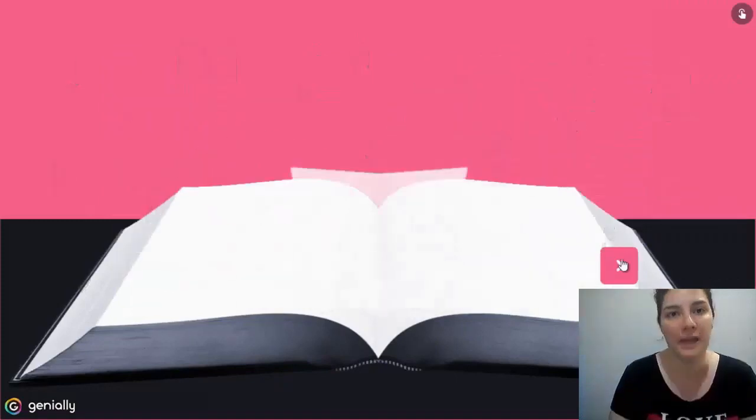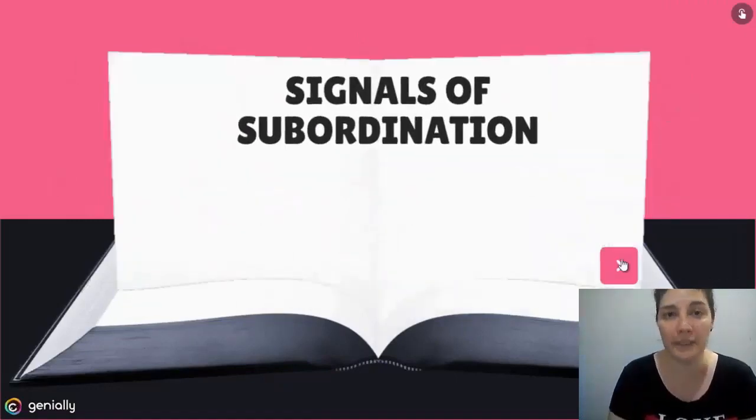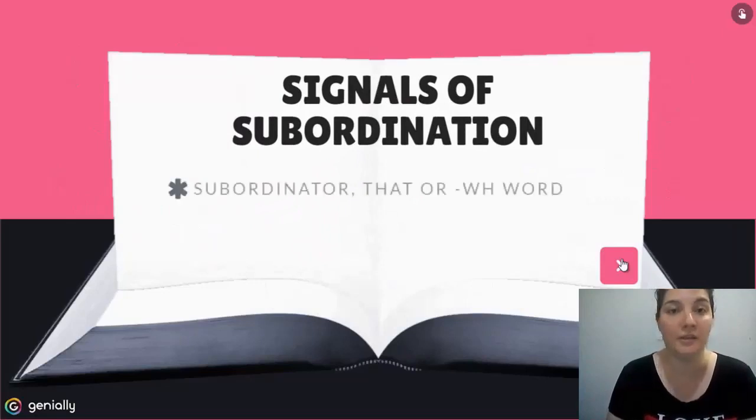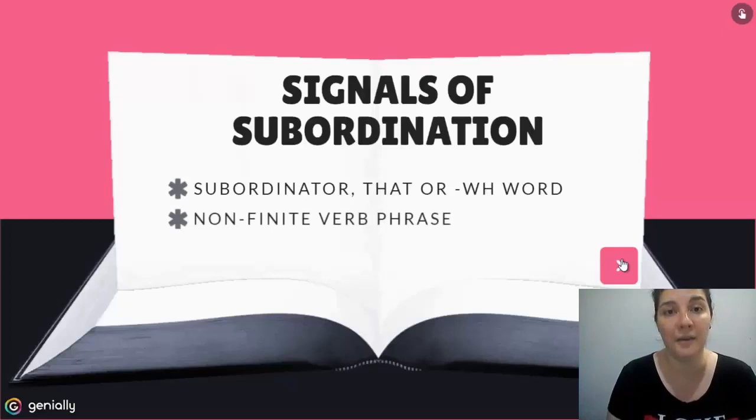How do we recognize a dependent clause or a subordinate clause? Well, there are some signals we can follow to find subordinate or dependent clauses. Those are clauses beginning with a subordinator, a that word, or a WH word. Another thing we can consider are those clauses beginning with a non-finite verb phrase.